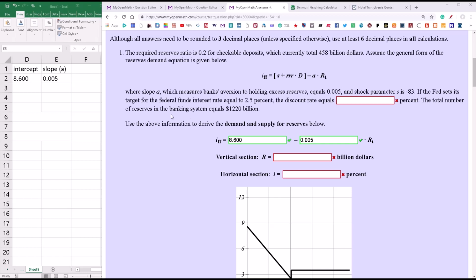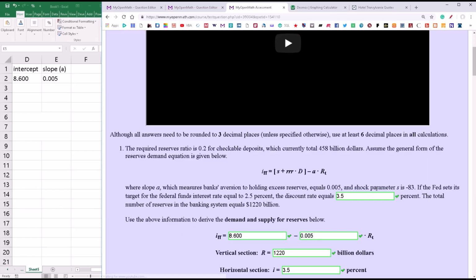Total reserves in the banking system equals 1.2 trillion or 1,220 billion. So the vertical section is 1,220. If the Fed sets its target for the federal funds rate equal to 2.5, the discount rate is going to be equal to 3.5, 100 basis points higher. And so that's going to keep the supply curve at 3.5. Hit enter and we can find out if we've got the answers correct.